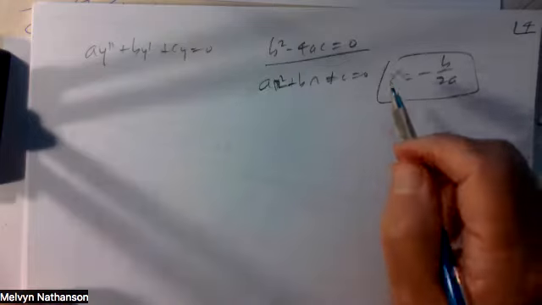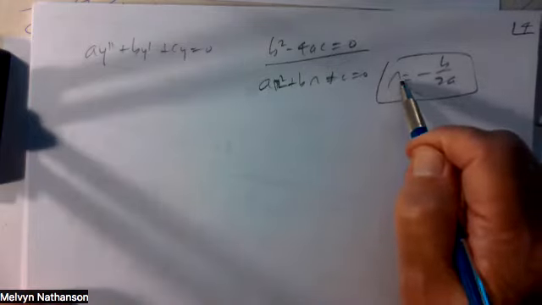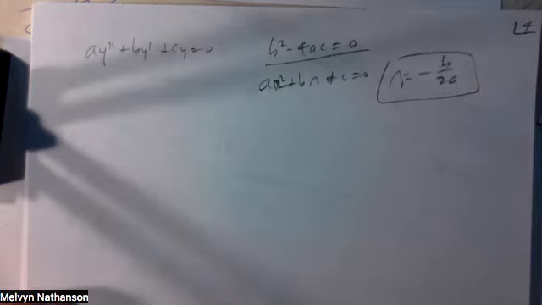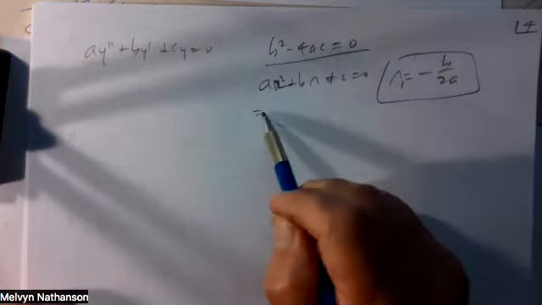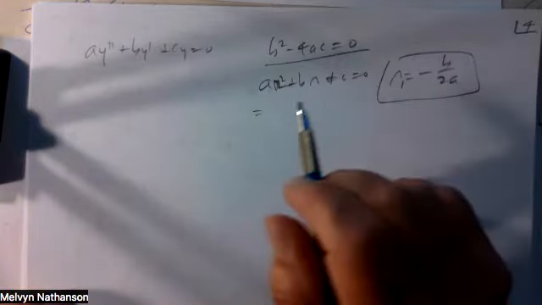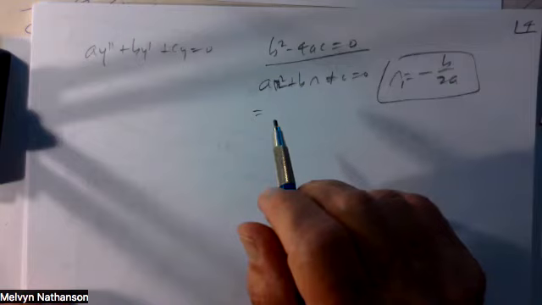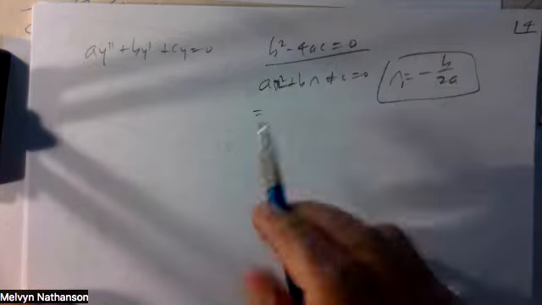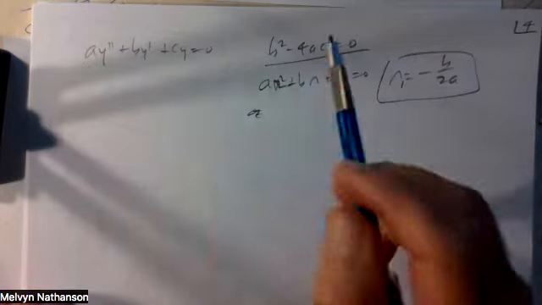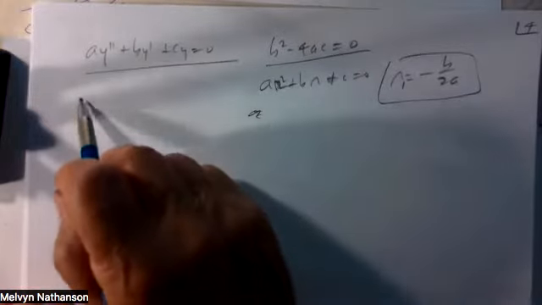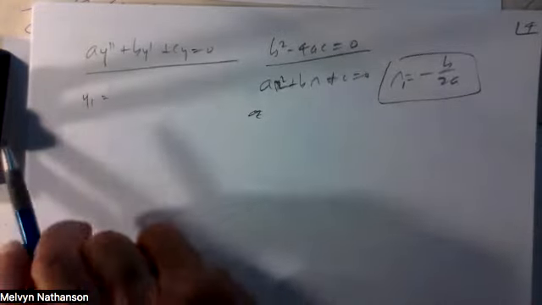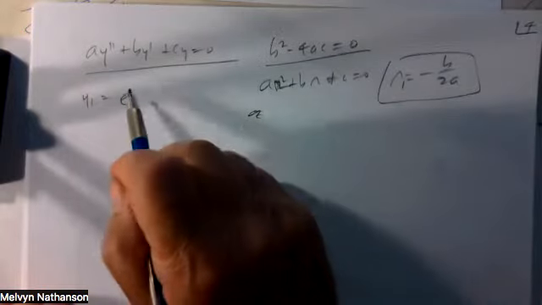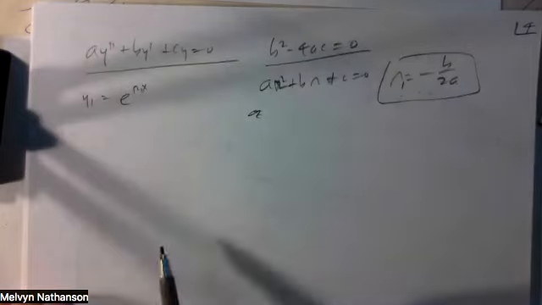So the solution of this equation is r1 equals minus b over 2a. This equation becomes, so one solution of this equation is y1 equals e to the r1x.